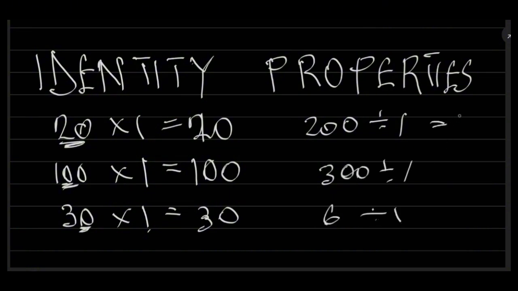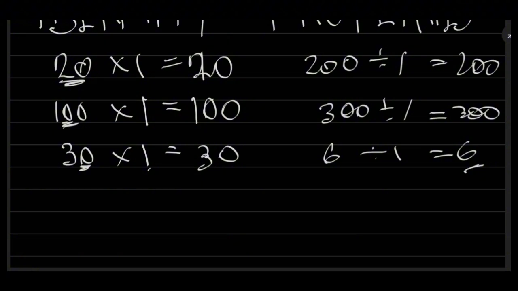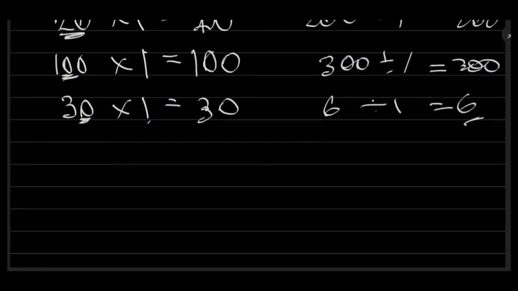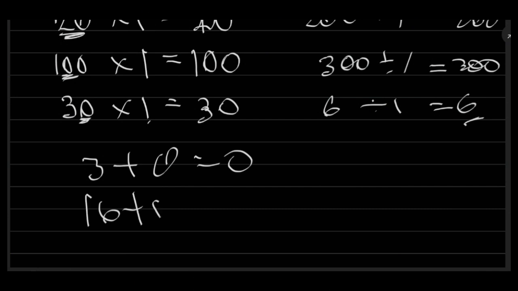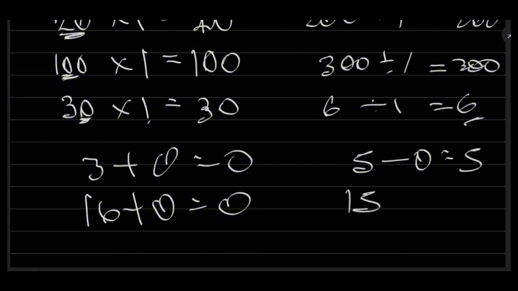1 is also the identity for division. Any number divided by 1 will give us that same number. So the identity property for division and multiplication is 1. For addition and subtraction, it is 0. The identity property for addition and subtraction is 0. 3 plus 0 is still 3. 16 plus 0 is still 16. 5 minus 0 is still 5. 15 minus 0 is still 15.